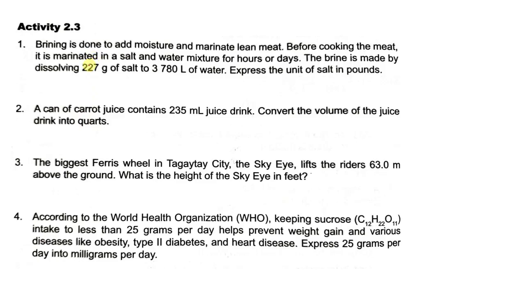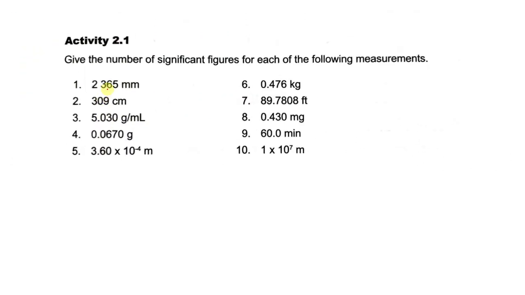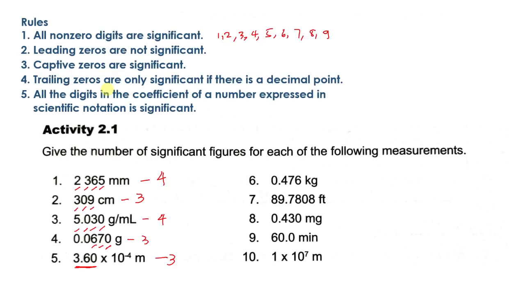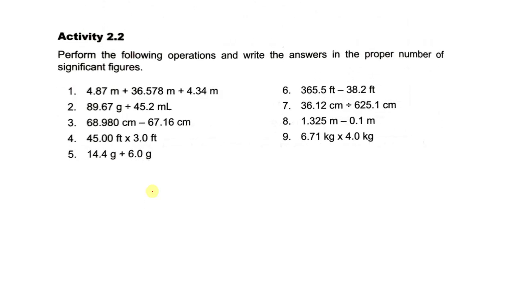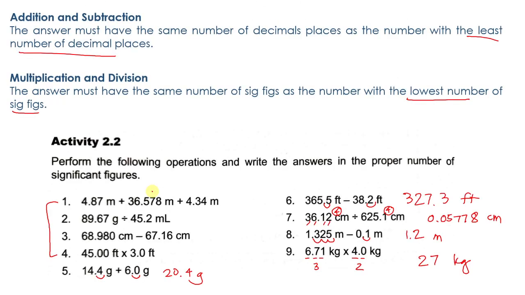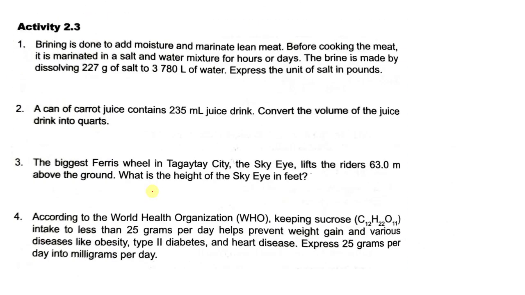Again, this will not be checked, but if you want to practice yourself, you can answer it. As a summary, you answer activity 2.1, numbers 6 to 10, and activity 2.2, numbers 1 to 4. Then if you are bored in your life, you answer activity 2.3. Again, this will not be checked. If you want to test yourself on this topic, you can answer it.